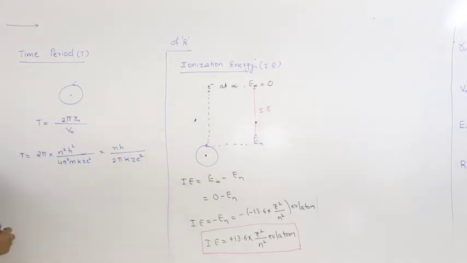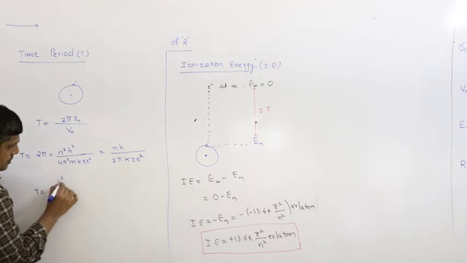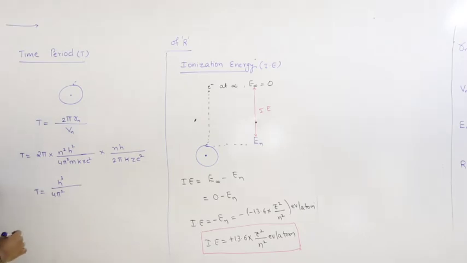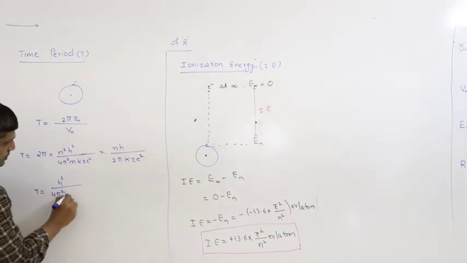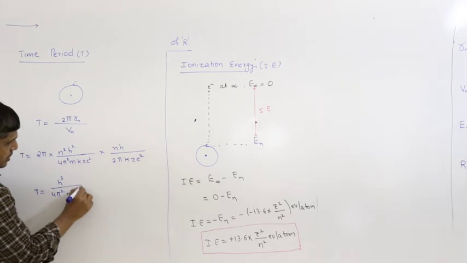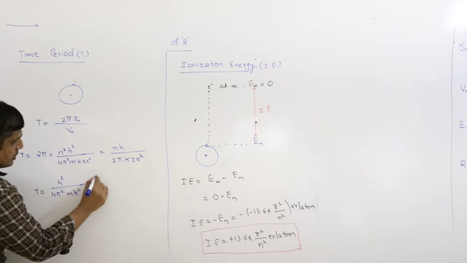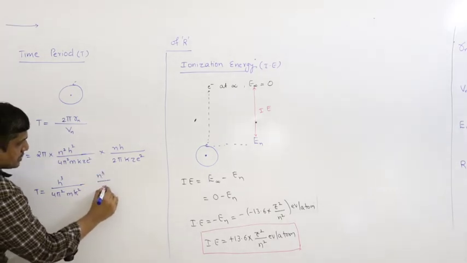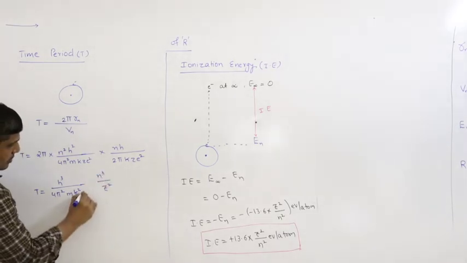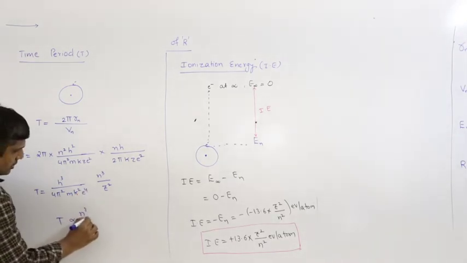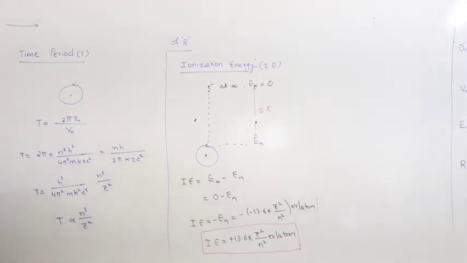So you can simplify this. 2 pi is cancelled. H cube, 4 pi square m k square. So here you will get n cube by z square e power 4. So time period is proportional to n cube by z square.